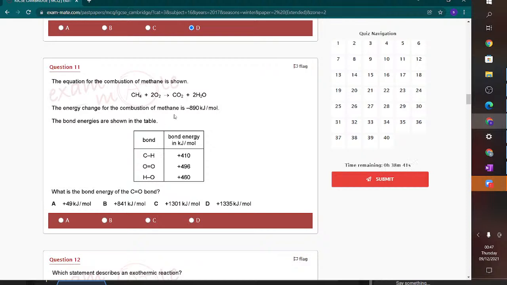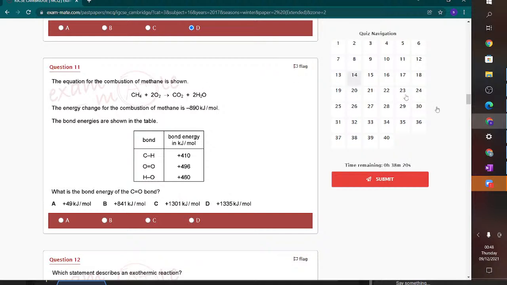The energy change for the combustion of methane is minus 890. The bond energies are shown in the table. What is the bond energy of C double bond O? This is CH4.